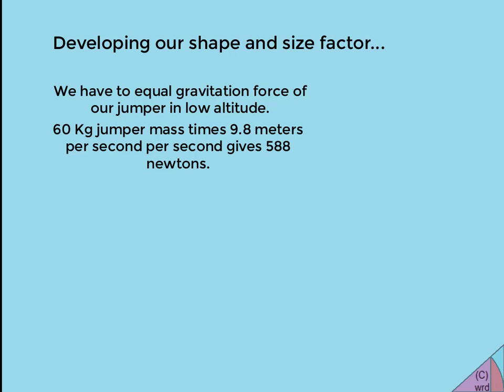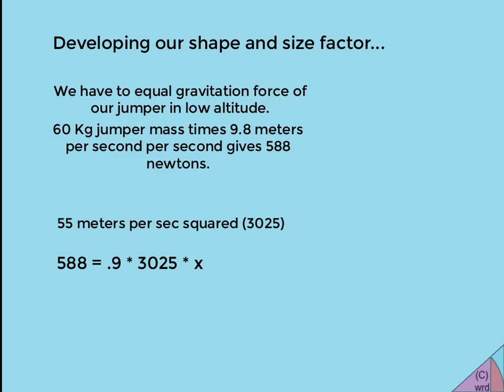So 588 newtons has to equal our shape and size factor times 55 squared times 0.9. We divide through by 0.9 and 3025, leaving x on the right-hand side. X, our shape and size fudge factor, is equal to 0.215 in this simplified model.